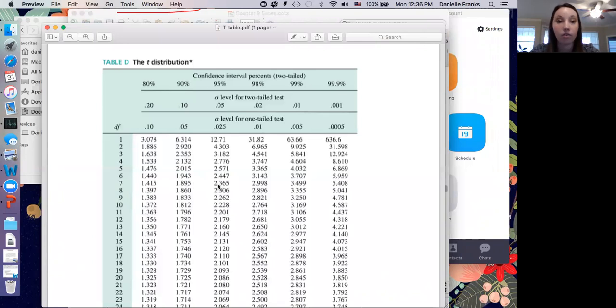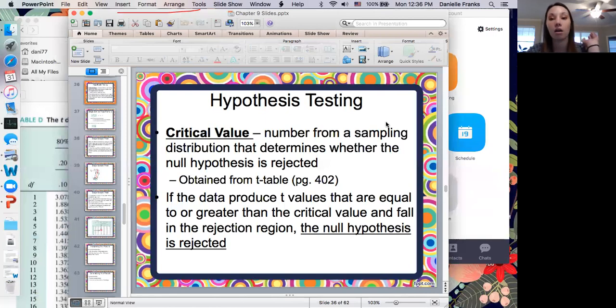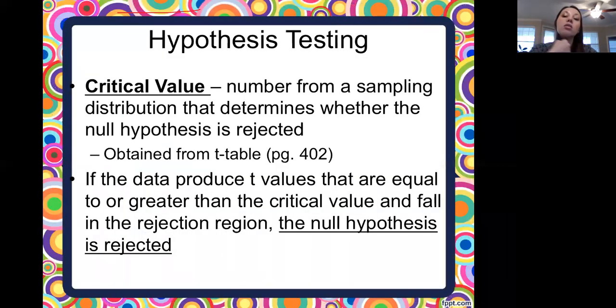That was our critical value for that problem. That is the number that separates our significant results from our non-significant results. It's called the critical value.